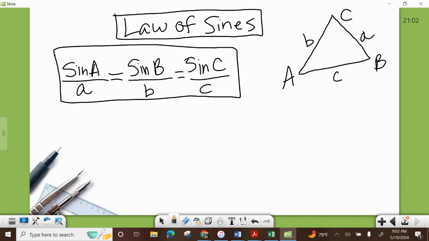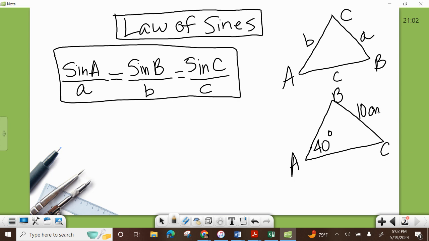So let's do an example. Let's say I have a triangle here, and this is angle A, this is angle B, and this is angle C. Now, I'm going to give you angle A. I'm going to say that angle A is 40 degrees, and the side across from A is 10 centimeters.